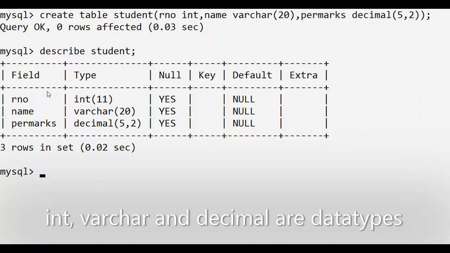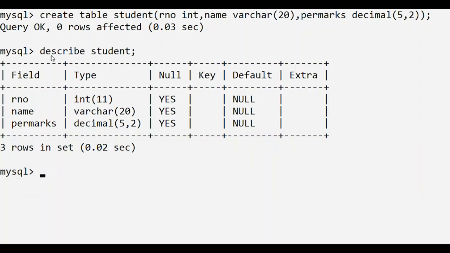That means the fields which are present in the table along with its data type and some other constraints which we'll discuss later. The roll number field belongs to data type int. The name field has the data type varchar. That stands for variable characters. And the percentage marks field is of decimal data type.